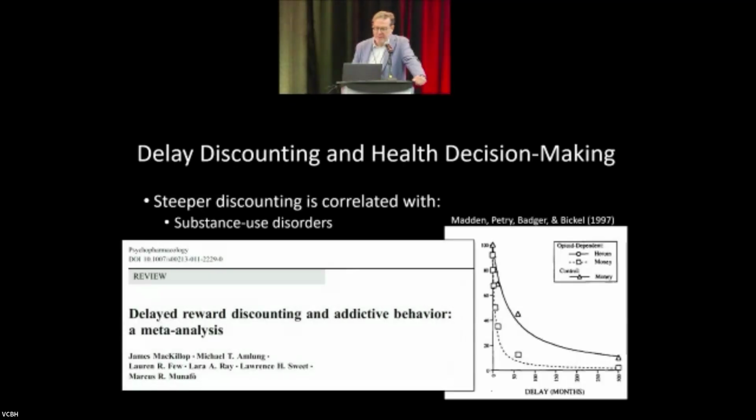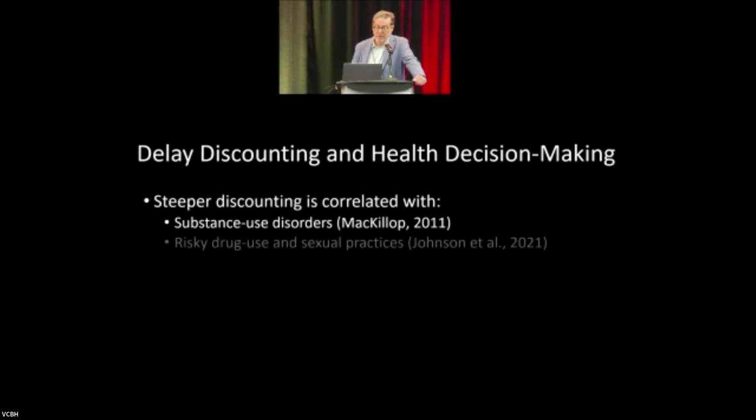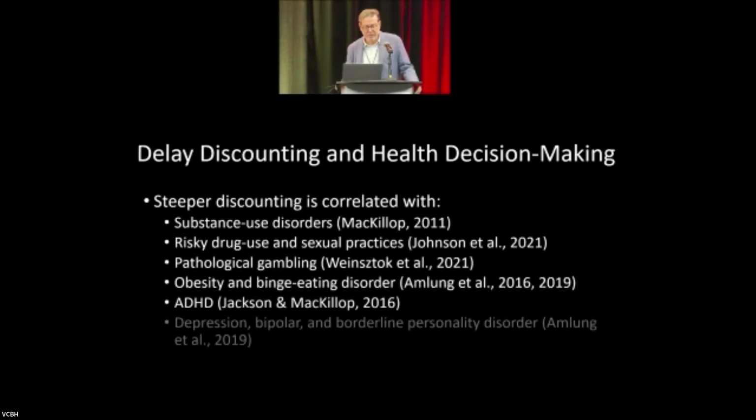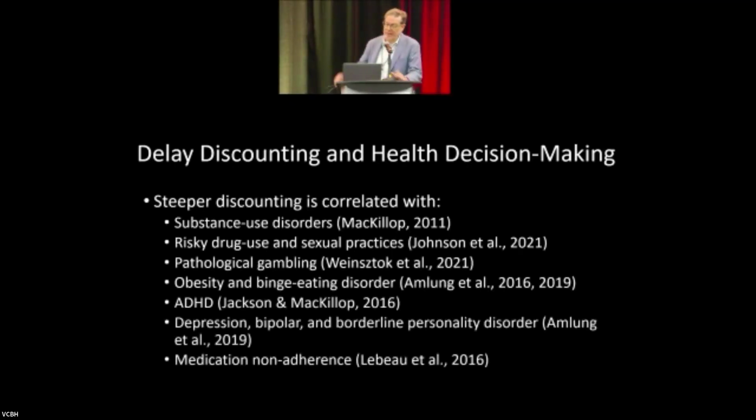Now, in the years that followed, many replications of this have occurred, and this is just one of the meta-analyses that shows that there is a relation between steep delay discounting and substance use disorders of all types. But it's also related to, as Matt Johnson has shown, risky sexual practices.